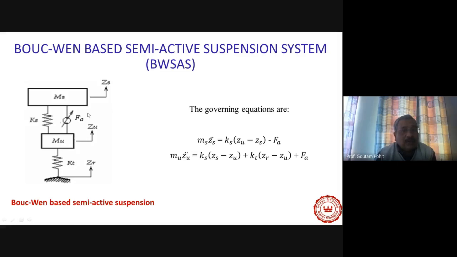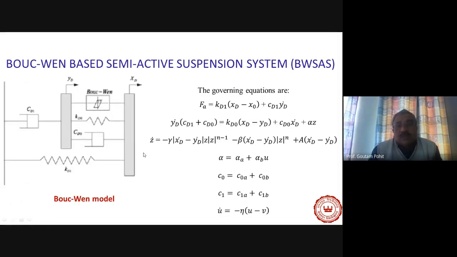And what is the detail of FA? That can be shown here. This is the governing equations. FA is given by this one. Okay. And alpha, C0, C1, those are the system parameters depending on the damper. Basically, we can find out the values of this one.